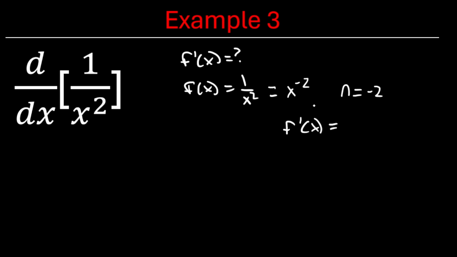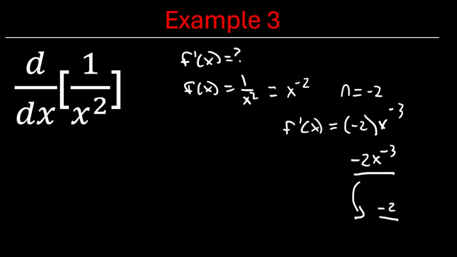So f prime of x, take this exponent, drag it in front. We get minus 2 times x to the minus 2 minus 1, minus 3. We get minus 2x to the minus 3, which again is correct, but we can also represent that as minus 2 over x cubed.